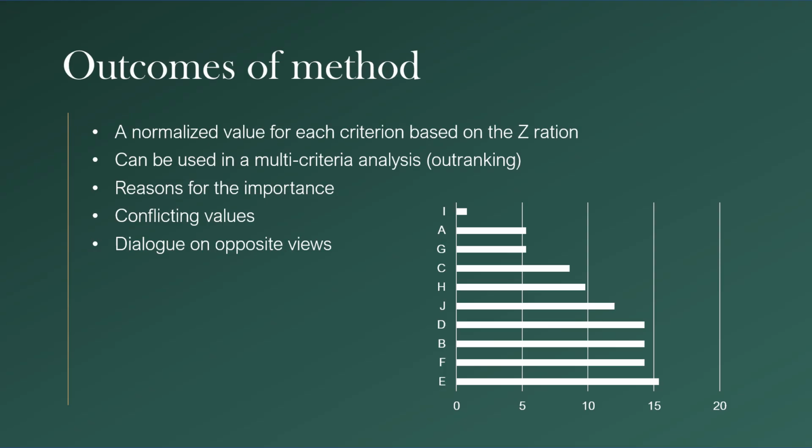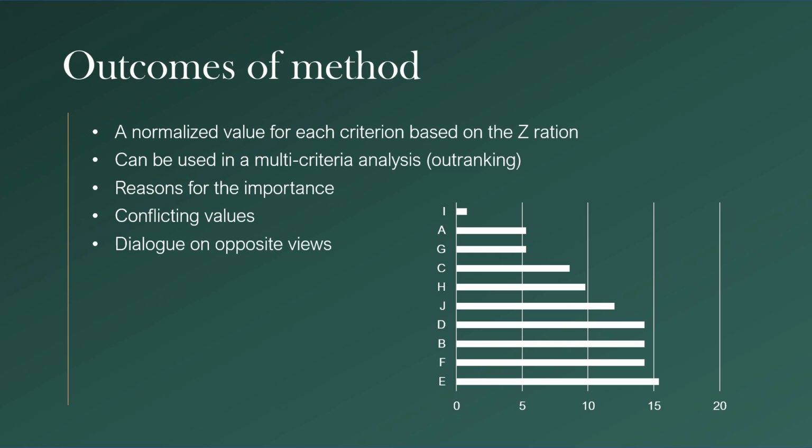Once you have finalized the procedure and proceed with the calculations, what you will obtain with the method is a normalized value for each criterion based on the zeta ratio. This value, or voting power, can be used in a multi-criteria analysis of a ranking type of approach.